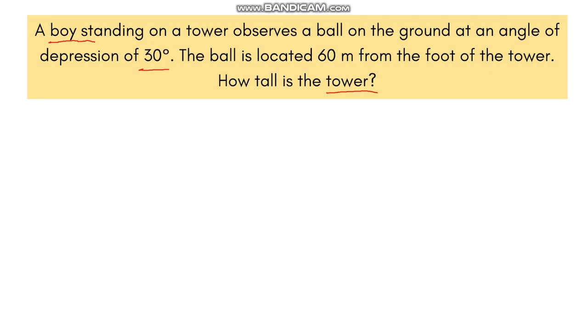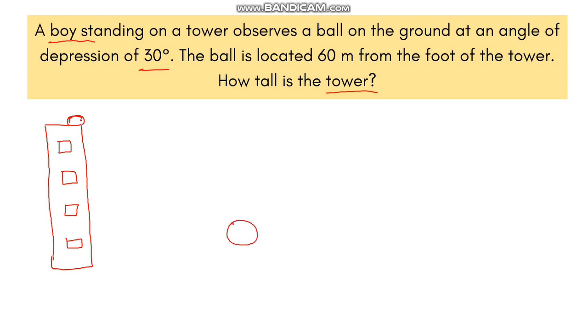So let's draw a tower here. And let's say the boy is right here. And then there is a ball on the ground, which is 60 meters from the foot of the tower.